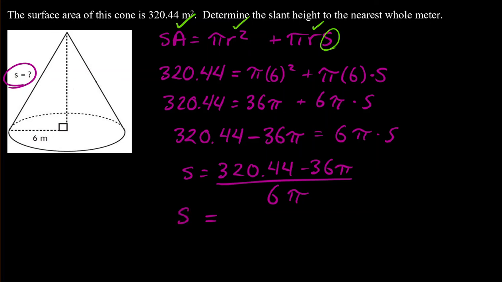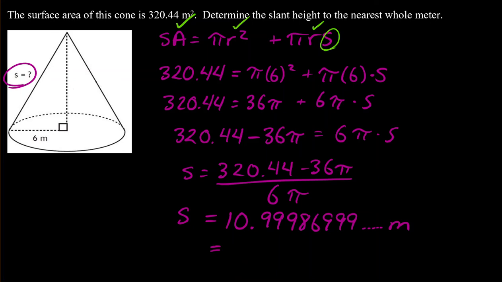So if s is 320.44 minus 36 pi, all divided by 6 pi, when I put that into my calculator, I end up getting the slant height is 10.9998699 something meters.